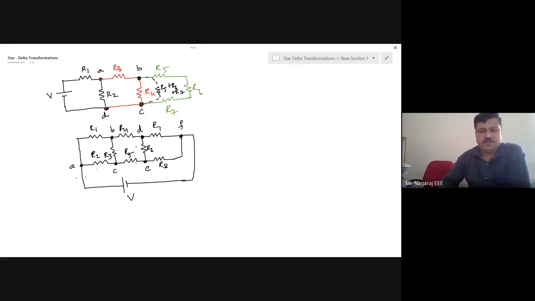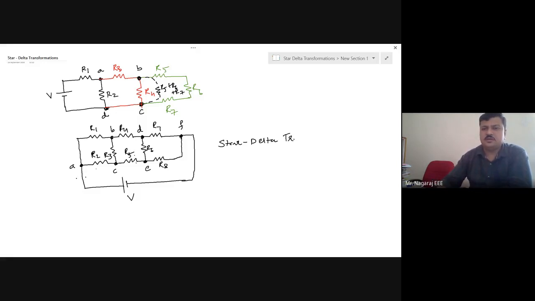So with a direct series-parallel combination calculation, I cannot find the equivalent resistance of this circuit. It is not possible at all. So we have to look into the methods which are beyond simple series and parallel combination calculations, and those methods are nothing but star-delta transformations.